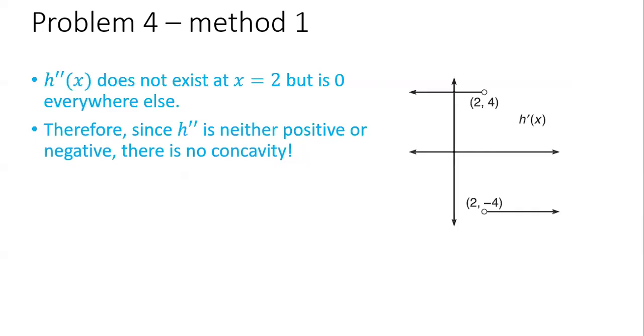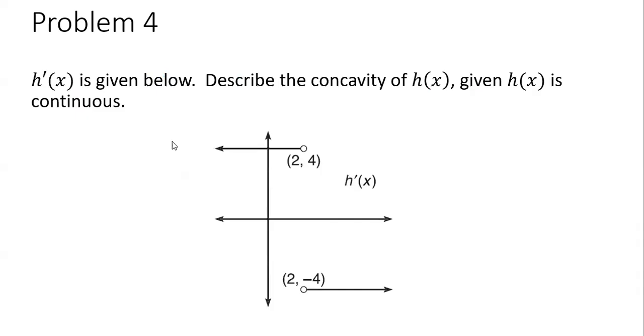Okay, method 2, this is where you got to be careful. You could think of what function could this h be? And it's actually quite easy to determine because we understand that h prime is the slope of the tangent line or rate of change. So it's a constant rate of change, and over here as well.